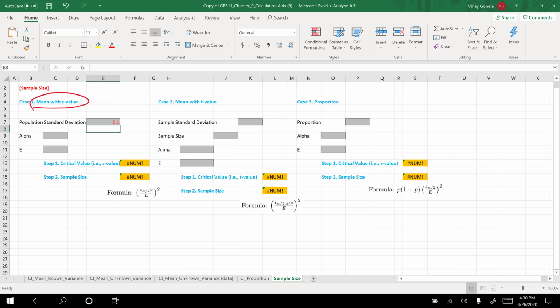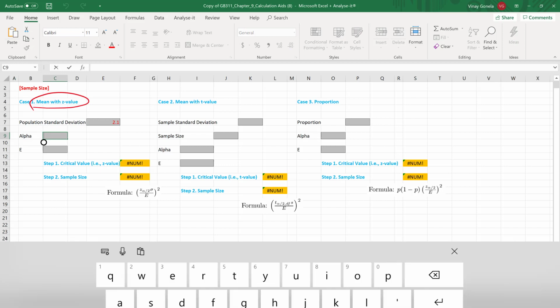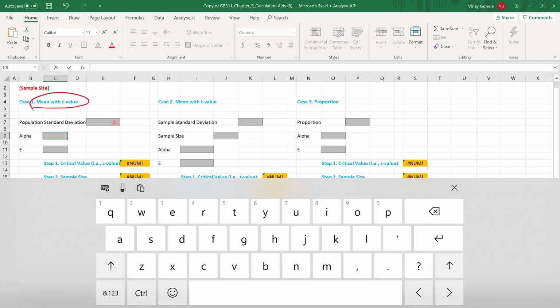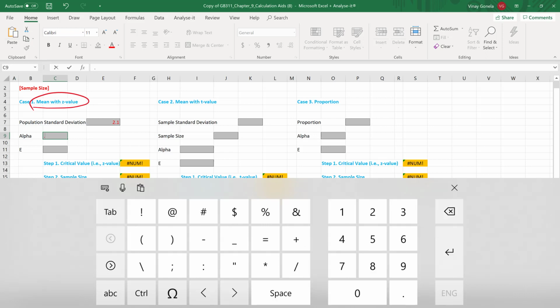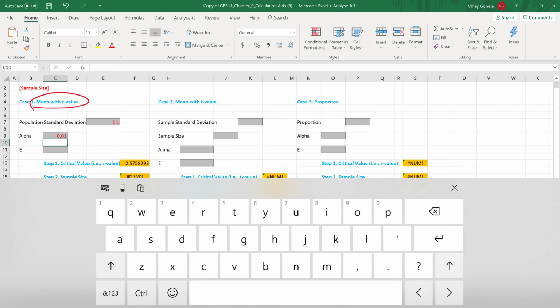Alpha is 0.01, so I will hit enter, and then the margin of error.